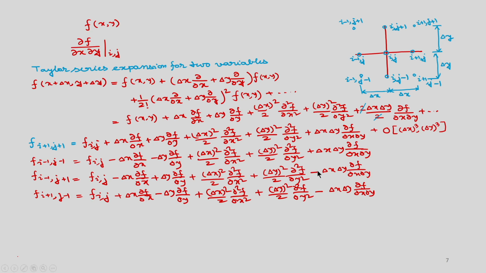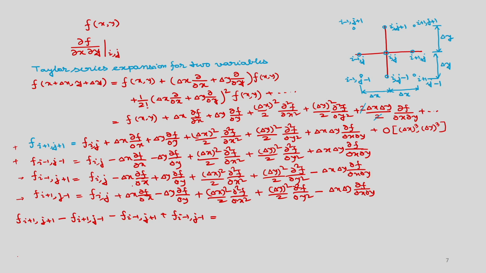Okay. So, now if you do this algebra, f(i+1, j+1) minus f(i+1, j-1) minus f(i-1, j+1) plus f(i-1, j-1). So, what will you get? You can see this is minus, then this is minus and this is plus. So, if you do it, you will see that these f terms will cancel out.